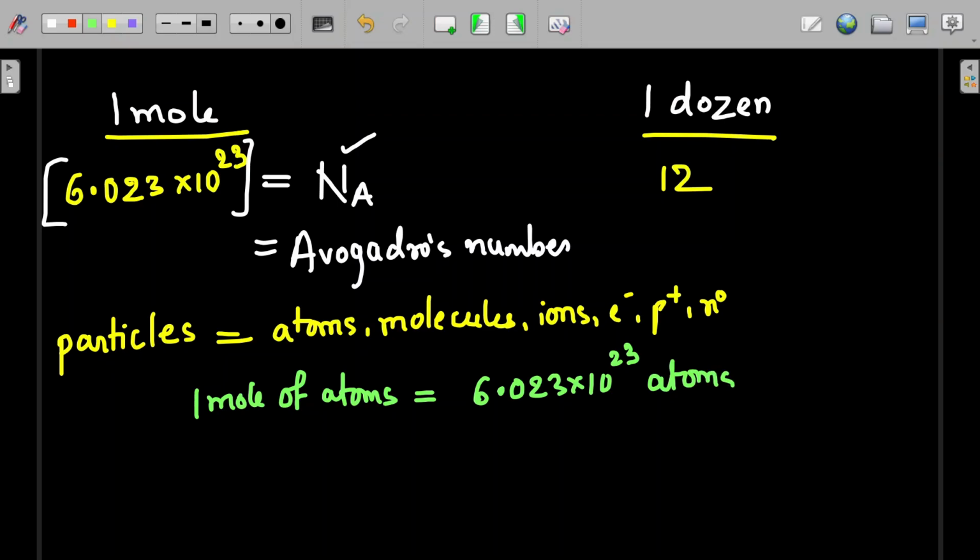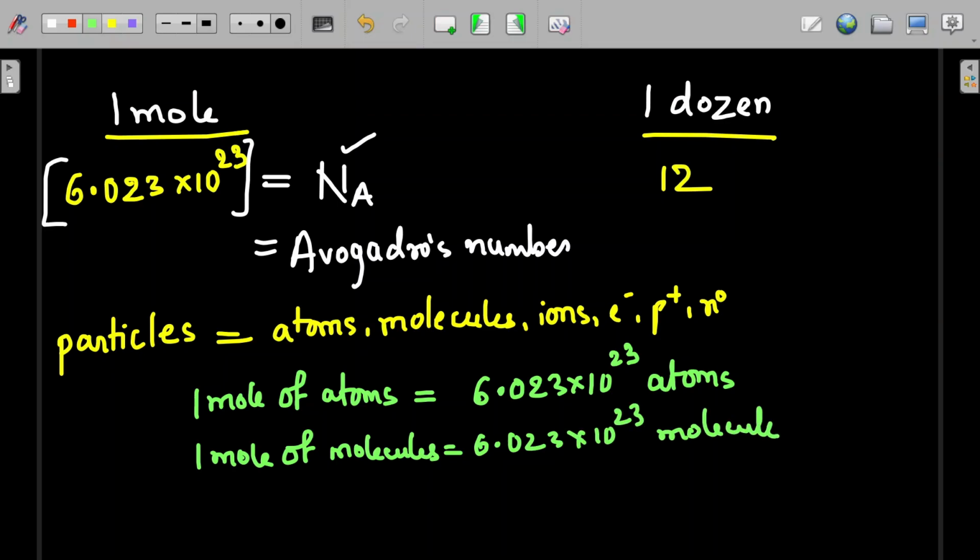Atoms. Right. Okay. Chanvi, 1 mole of molecules means? 6.023 into 10 to the power 23 molecules. Very good. Darshwana, 1 mole of ions? 6.023 into 10 to the power 23 ions.